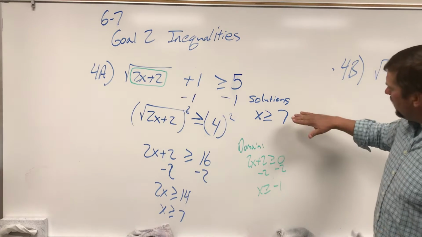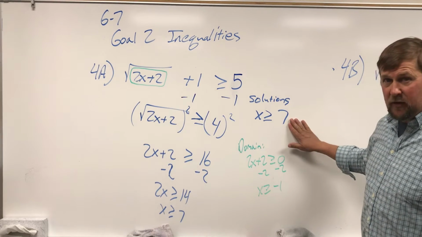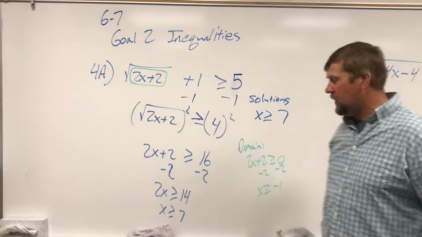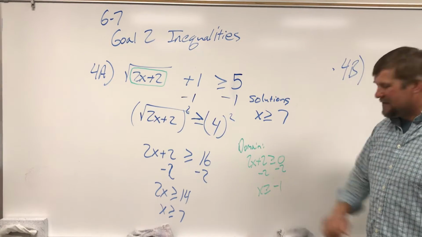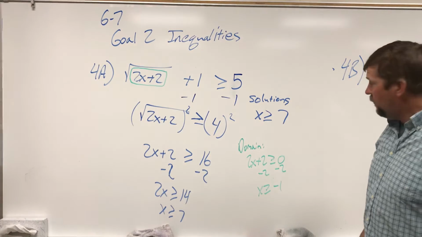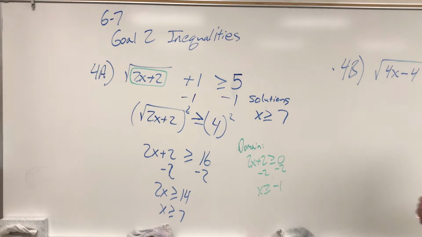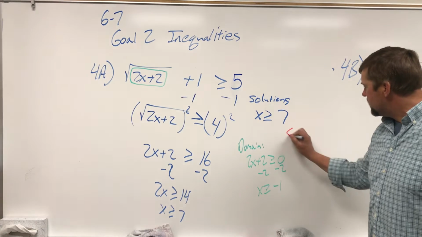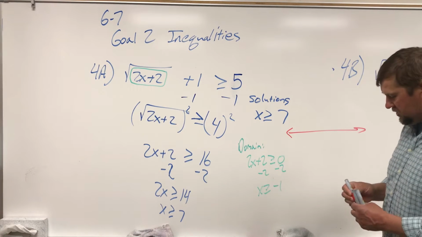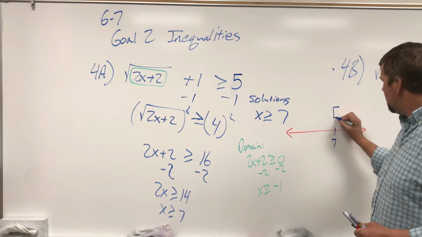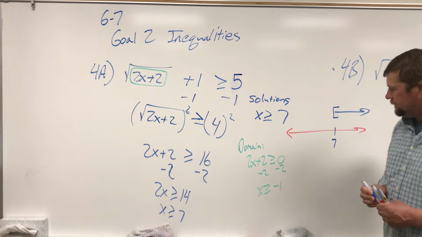So not only do we know all the x's have to be greater than or equal to 7 to make the inequality true, x can't be less than negative 1. So when we compare this on a number line, we look at both of these sets of numbers. According to our solutions, x has to be greater than or equal to 7.